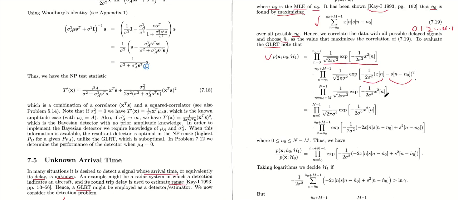Then you have the signal, and from N0 plus the signal length to N minus 1, it goes back to the ordinary Gaussian distribution.